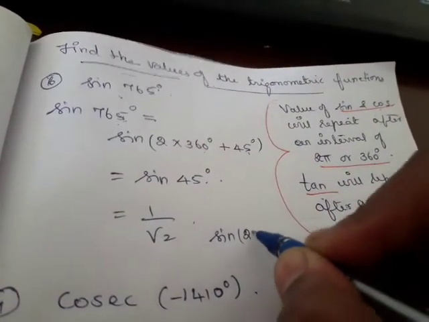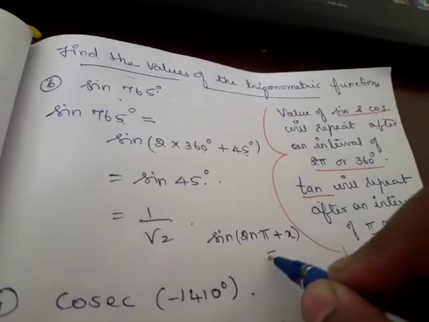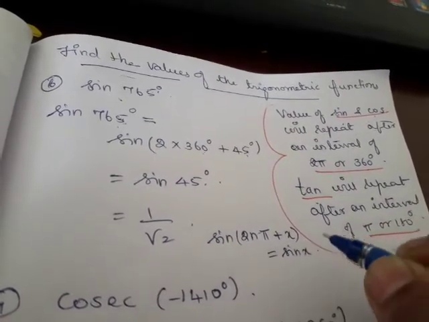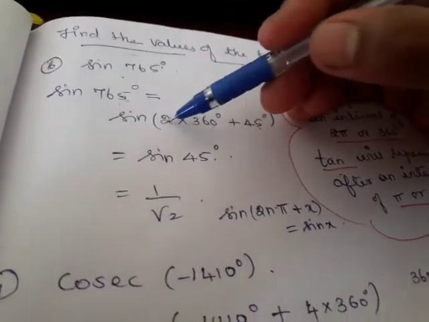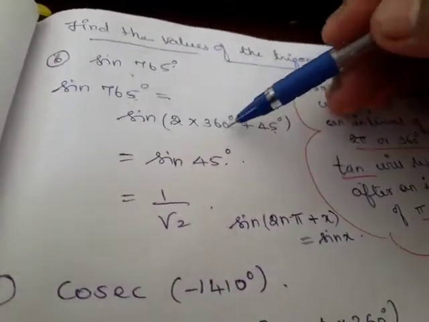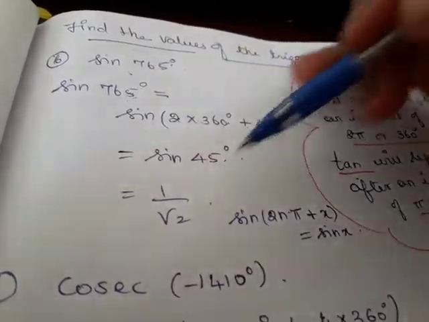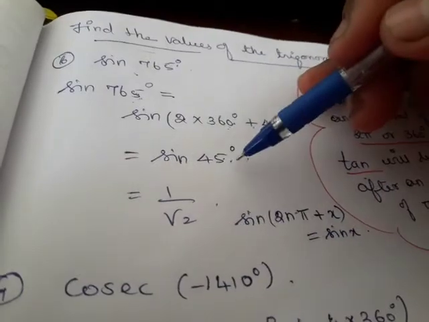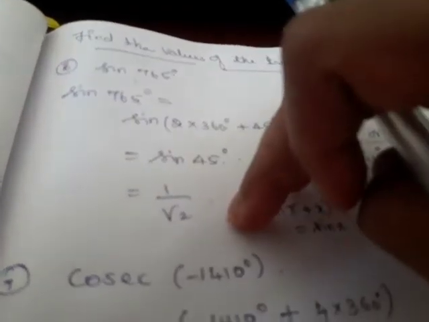Sine of 2n pi plus x is equal to sin x only, right? We know this result, that's what it says. Therefore 2 times 2 pi plus 45 will give you sin 45 only. So what is sin 45? 1 by root 2. So we have arrived at the answer, right?